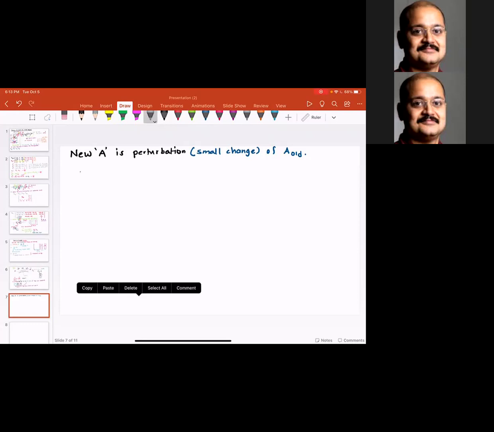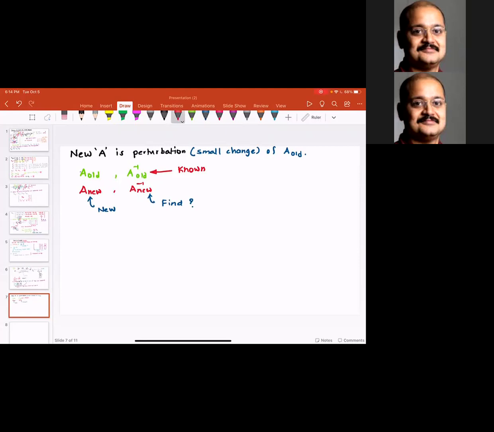So the problem now is, I have A old, I have A inverse old, but now I got A new. I do not have A new inverse. So this is known. This is the new matrix, and I need to find its inverse. So how is this problem set up?